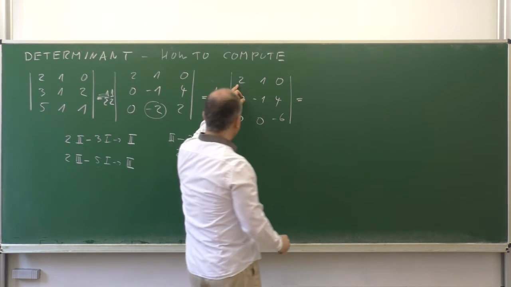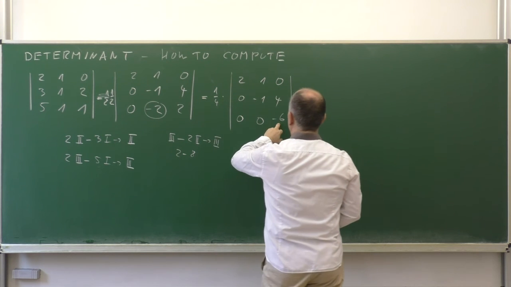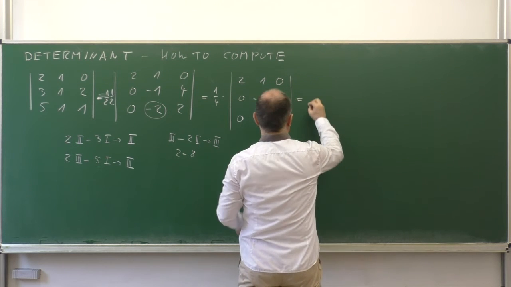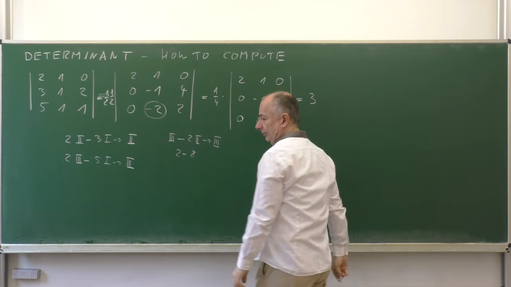And if we multiply 2, minus 1, minus 6, we get 12 divided by 4 is 3.